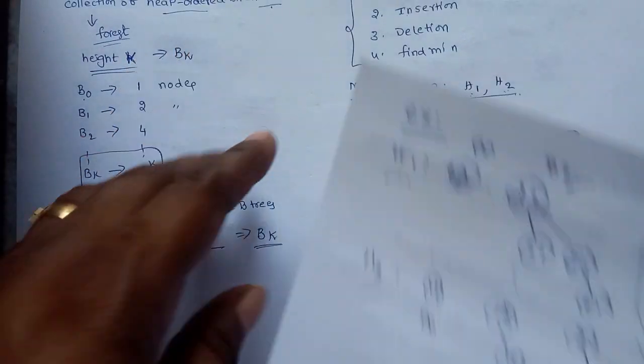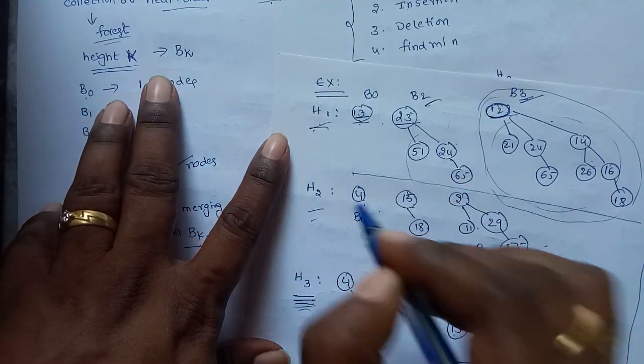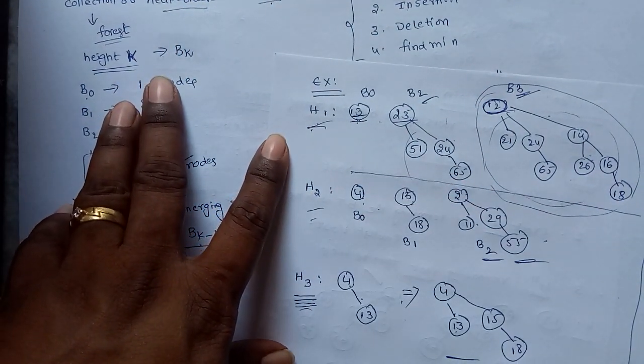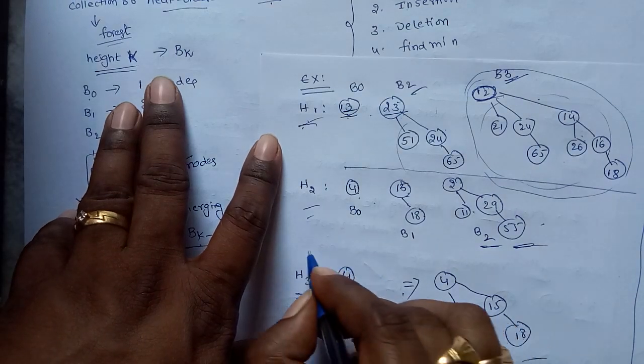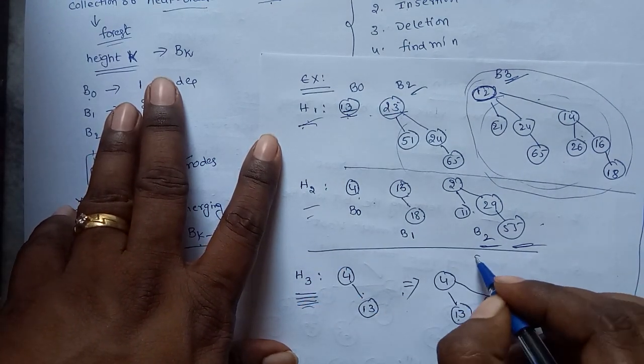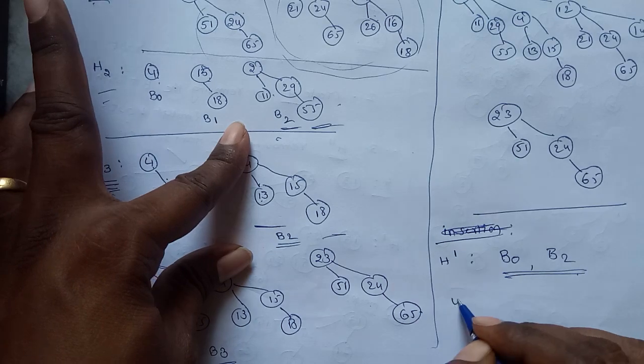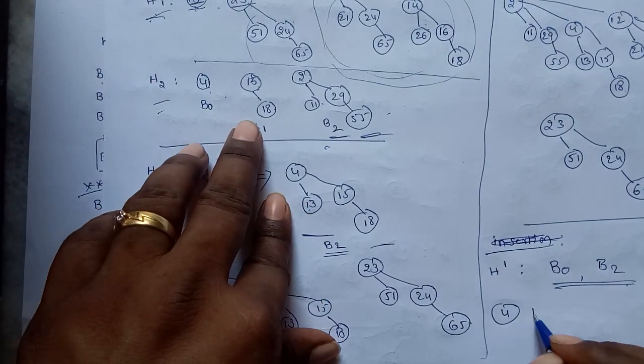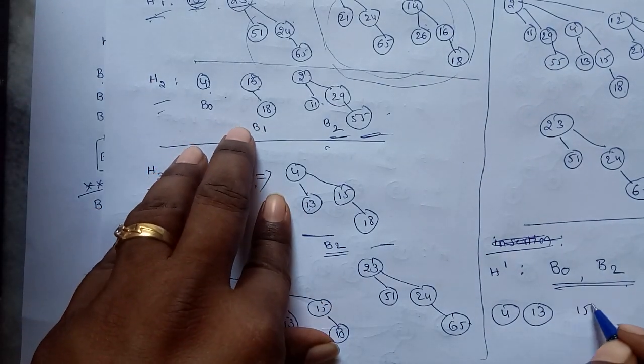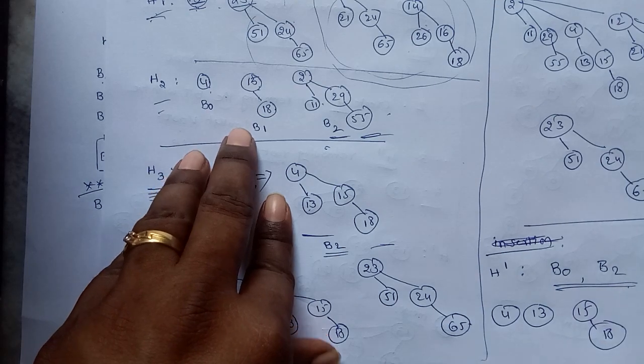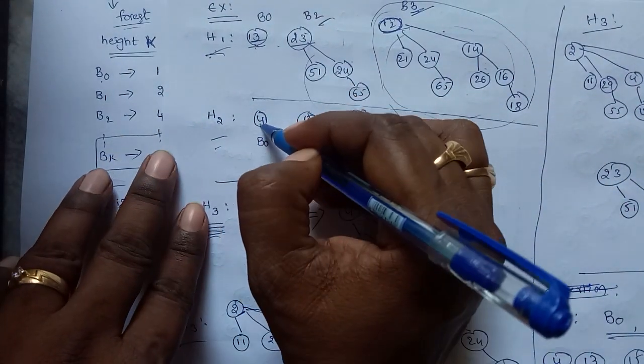That means, for example, H1 and H2. By performing lazy binomial queue merge, what is the answer? The answer is 4, 13, 15, 18. So we observe this one. I am not merging these two.